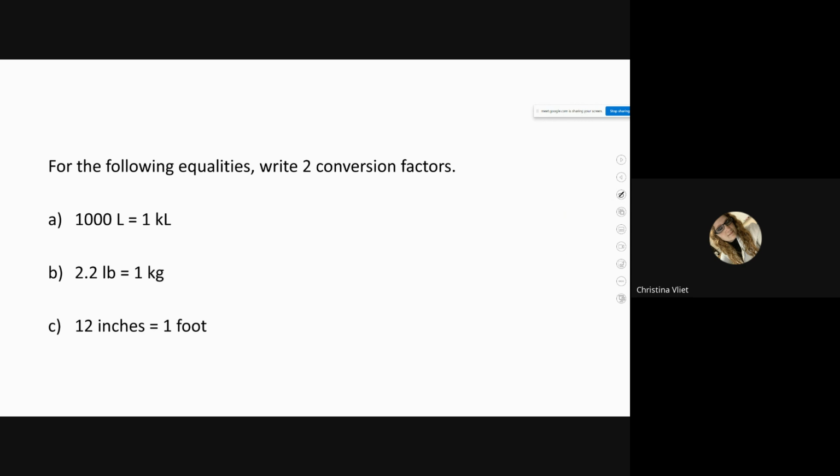I'm gonna do this pretty quickly because we gotta get to what we need to use this for. So for the first one, we would write either 1,000 liters over 1 KL, and the other option is 1 KL over 1,000 liters.